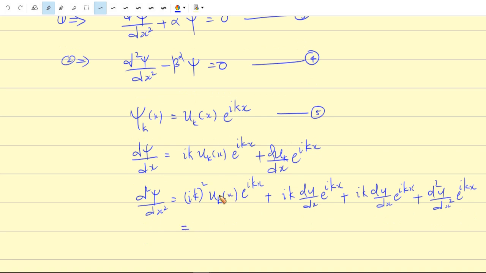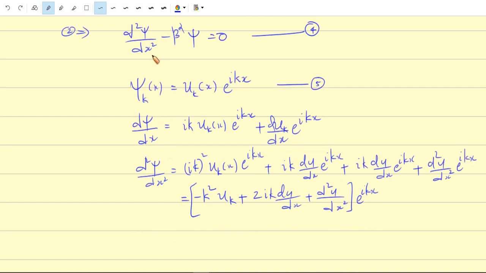Since i square is minus 1, this is minus k square uk plus, taking e raised to ikx as common to all terms, ik du by dx and here also ik du by dx, so this is 2ik du by dx, then plus d square u by dx square, times e raised to ikx.